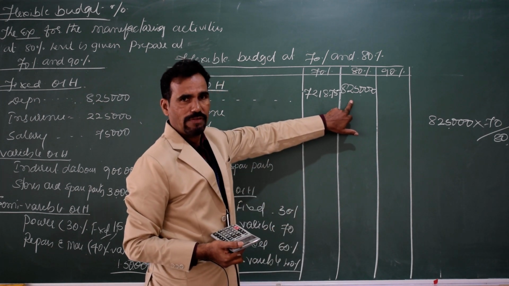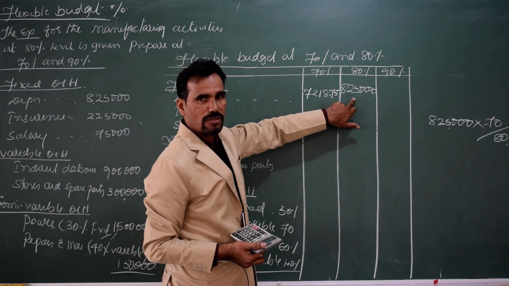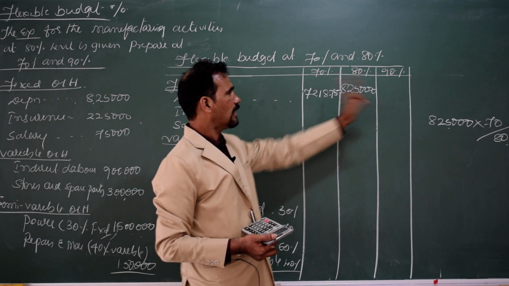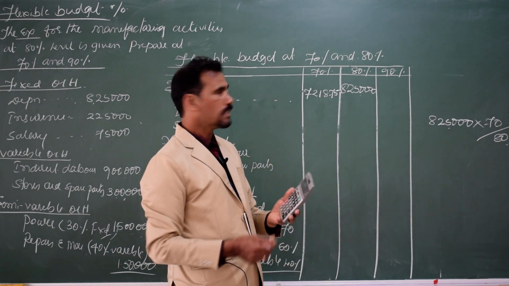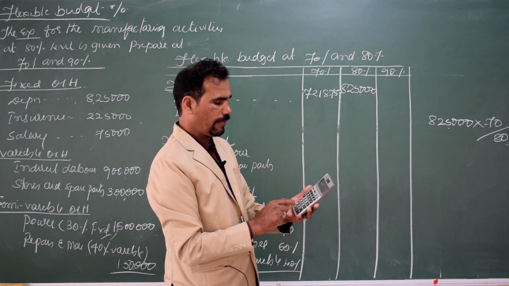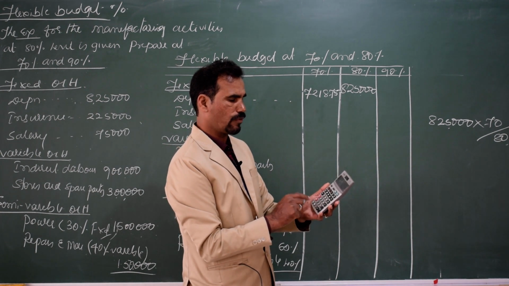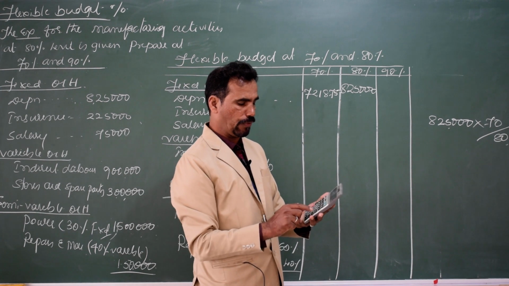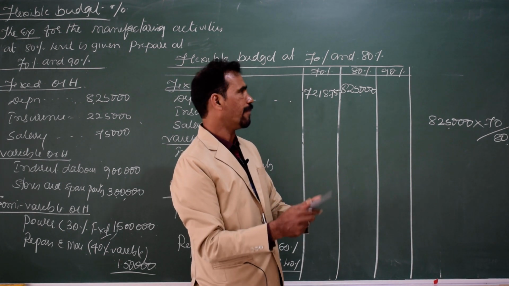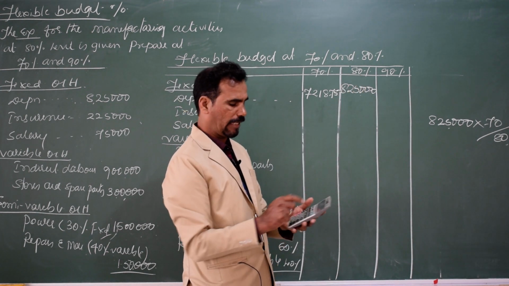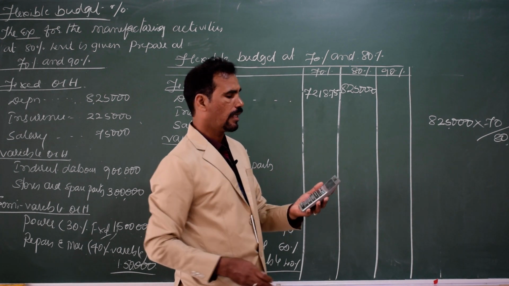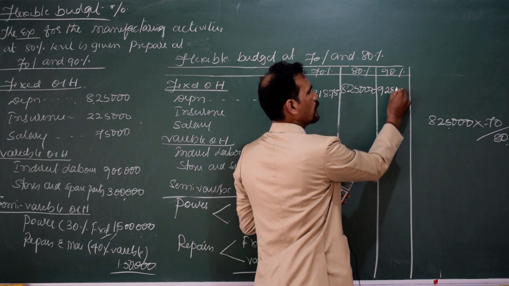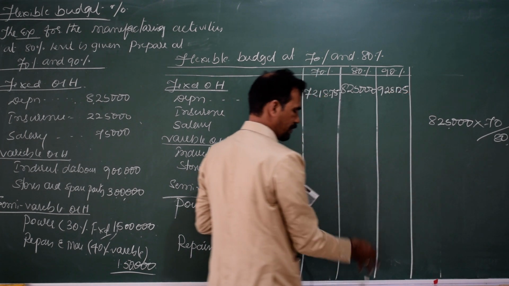First take the base level 8,25,000 into 70 divided by 80%. Then for the next level, the same process: 8,25,000 into the next level, 90%, into 90 divided by the base level 80%, equals 9,28,125 rupees.